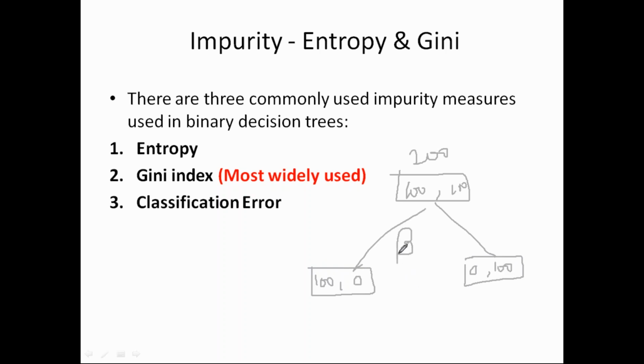Now this is what I call the best split. If you see the Gini index, it will be 0. Here also it will be 0. This is the best Gini split, where on splitting on that feature, it directly concludes the class, and that too with 100% accuracy.